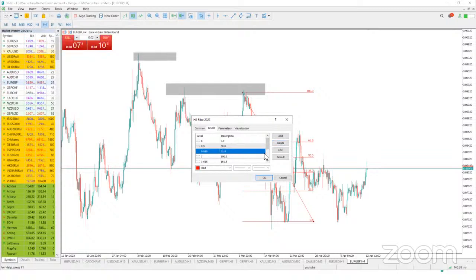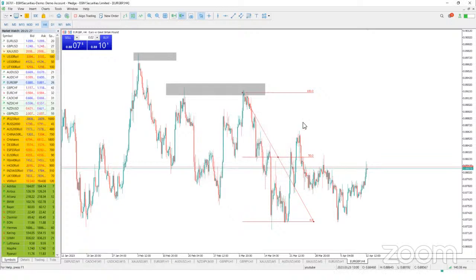I delete 61.8, I don't need it, and all these others. So I'll leave only 50%. For my case, there are others who would want to leave these other levels, but it's okay. It depends on you. Let me leave these levels for matters of checking on the premium.